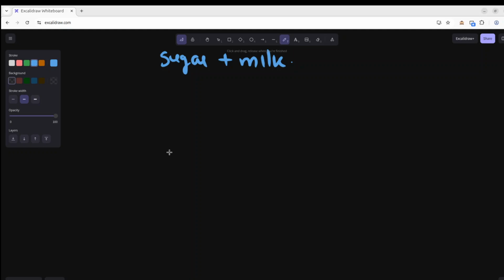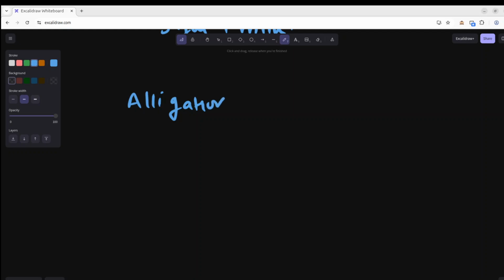So we are moving into the next important rule, that is alligation rule. Students, this rule is very useful in solving most of the problems in this chapter. So please note down this.